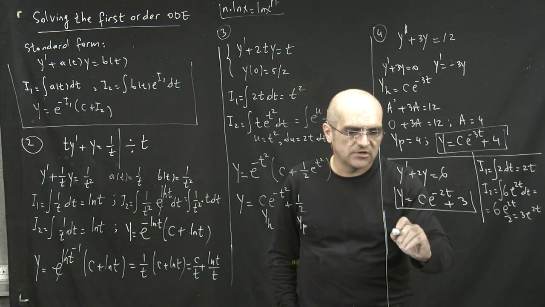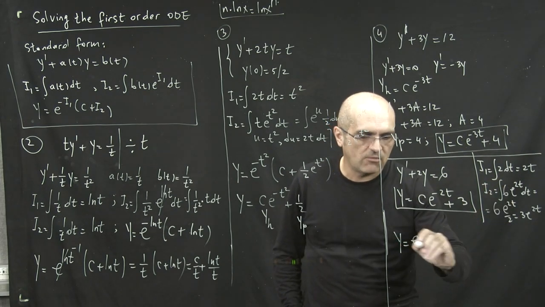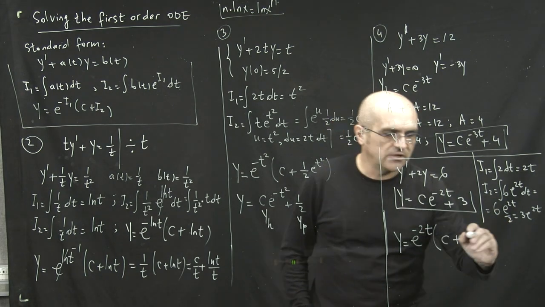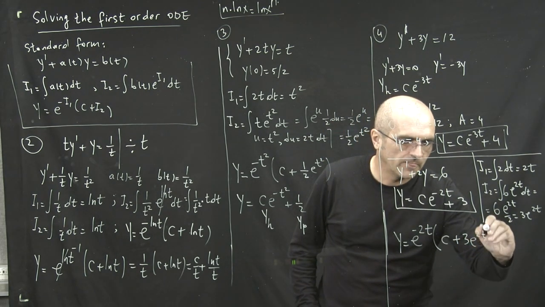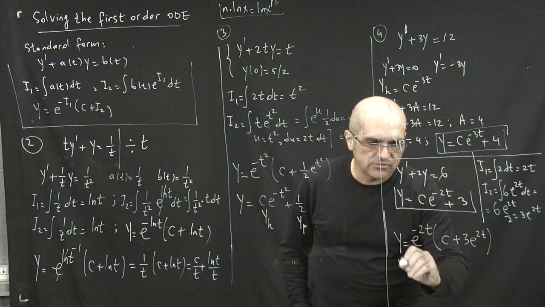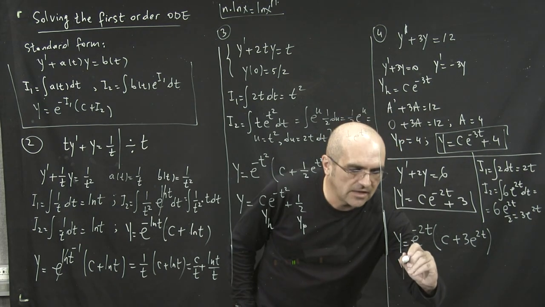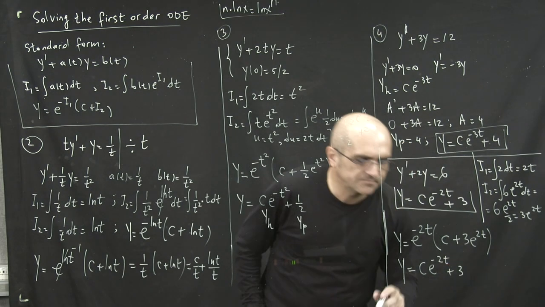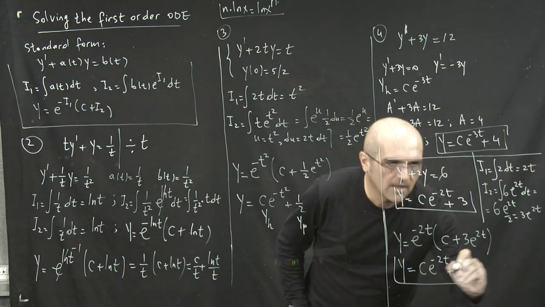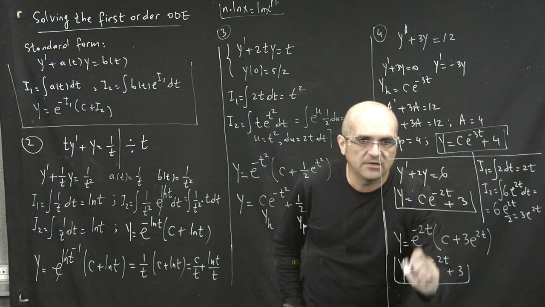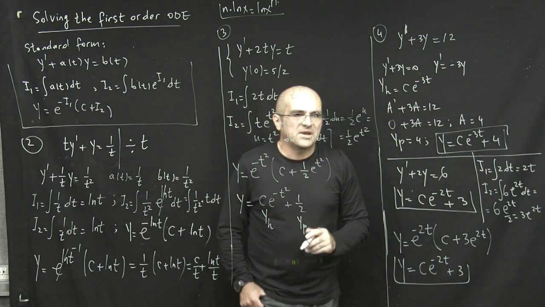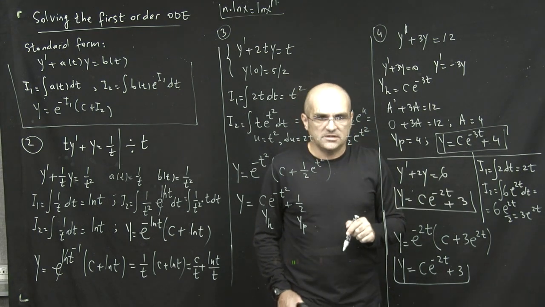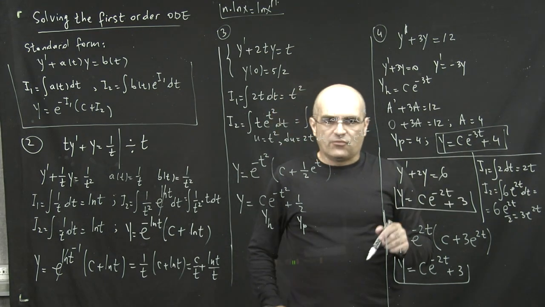So the full solution, according to the formula, is e to the minus I1, e to the minus 2t, quantity c plus I2. And if I distribute e to the minus 2t, I get, as expected, c e to the minus 2t plus 3. No surprise there, right? Same solution, but obviously, like I said, the two-step method would have been faster here rather than the more general formula.